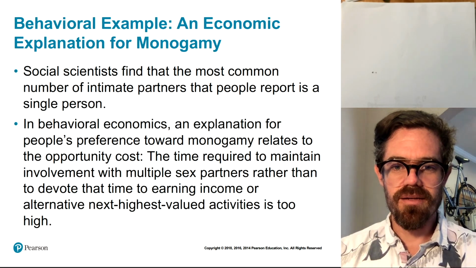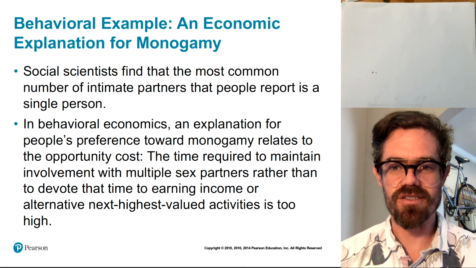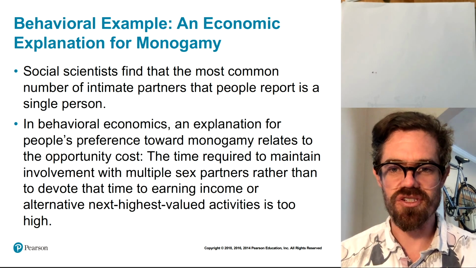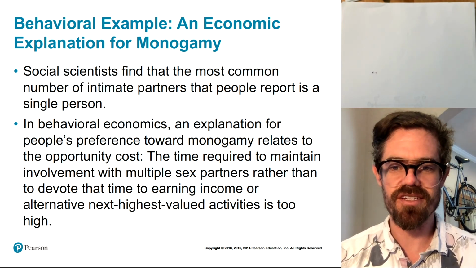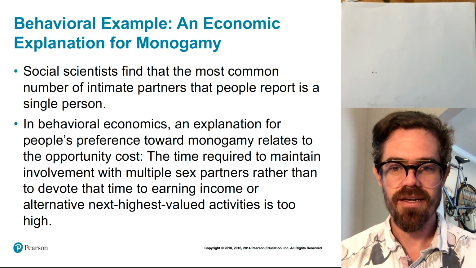All right. And we're going to wrap up this section with a behavioral economics example. And this is pretty interesting. It has to do with people's decision to be monogamous. So social scientists have found that the most common number of intimate partners that people report is one person. So in other words, monogamy.